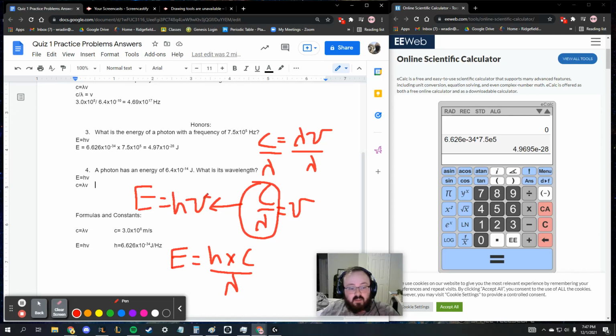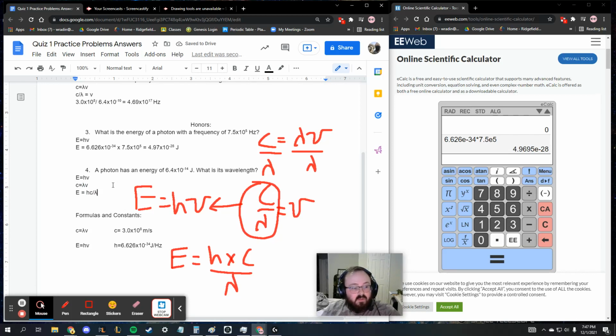We substituted this nu for this equivalent statement. This is our transitive property. So we now have a formula. E equals H times C over lambda. So there's our formula now.